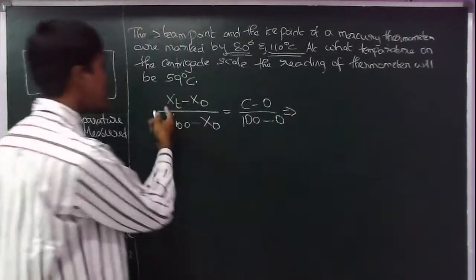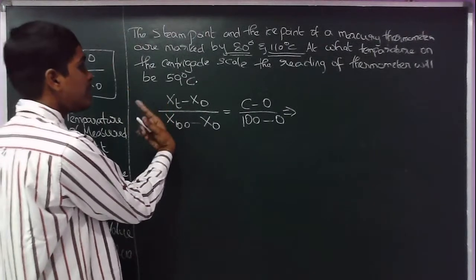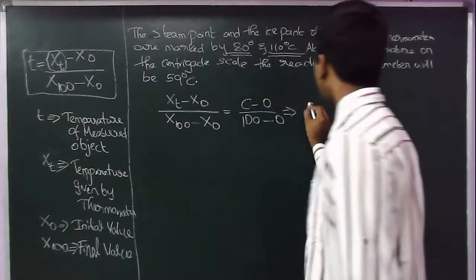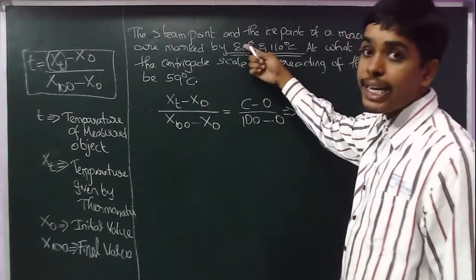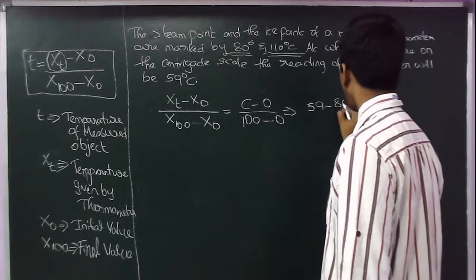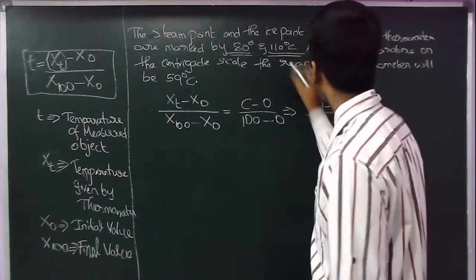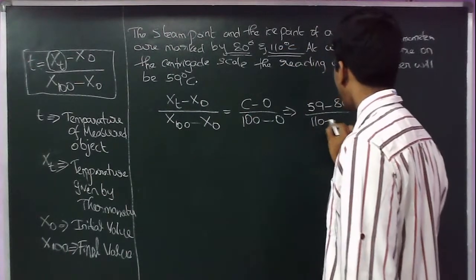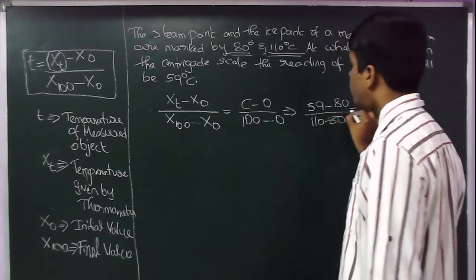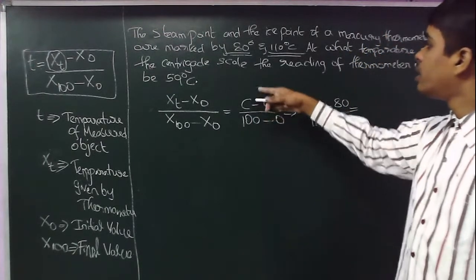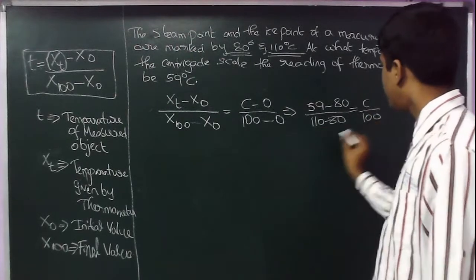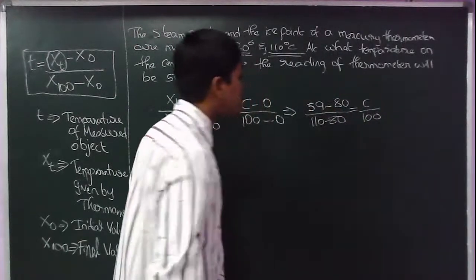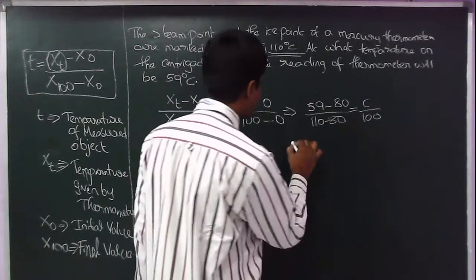From this, xt is 59 minus 80, upon x100, that means 110 minus 80, is equal to C upon 100. So by solving this, we can get our answer.